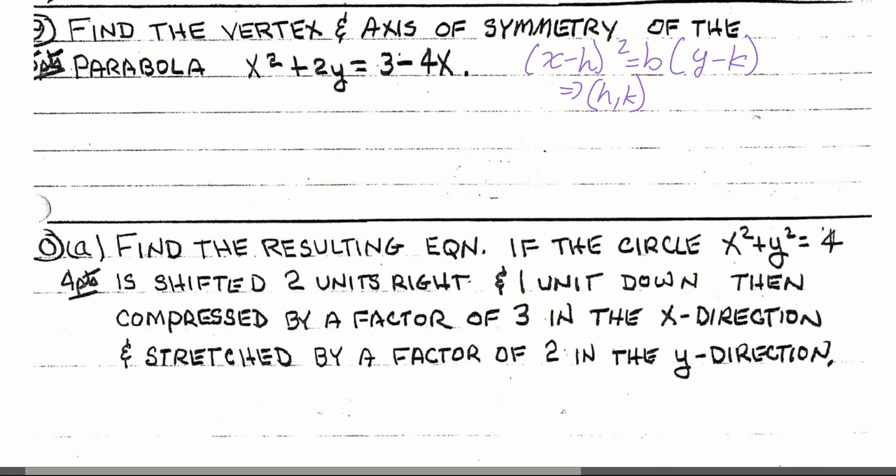Whatever h and k happen to be from our given function will be our vertex, and our axis of symmetry will be x equals h, assuming that it is a function of y. Since x is squared here, y is not squared, that means that y is going to be a function of x.